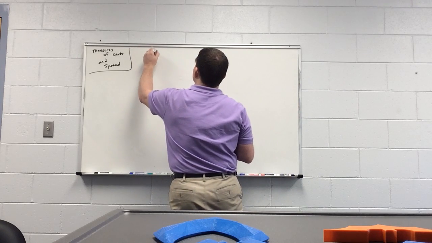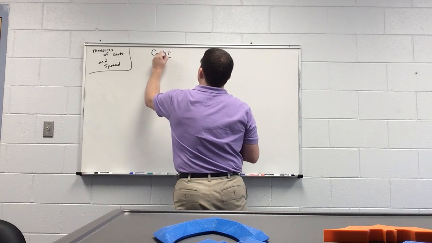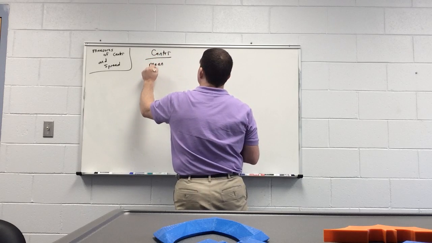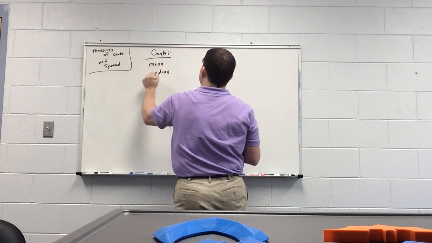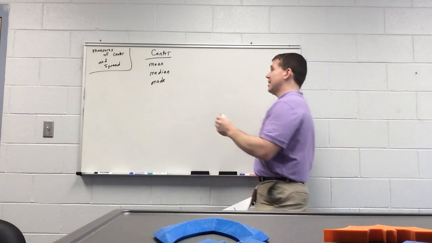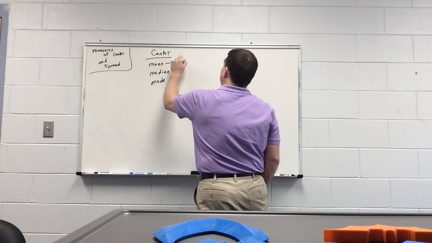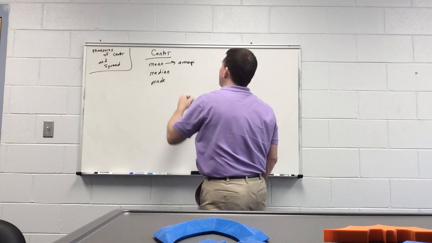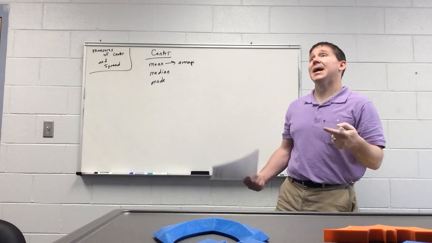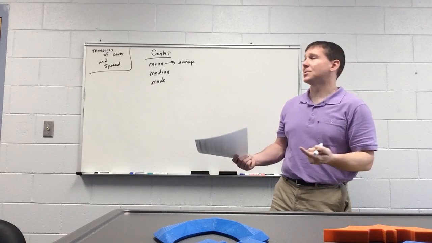For measures of center, we have three things that we really look at for the purposes of this class: the mean, the median, and the mode. The mean is just another name for the average. And we all know how to calculate an average: add all the data values up, and then divide by the number of data values.